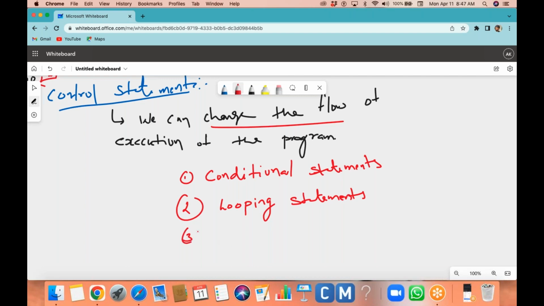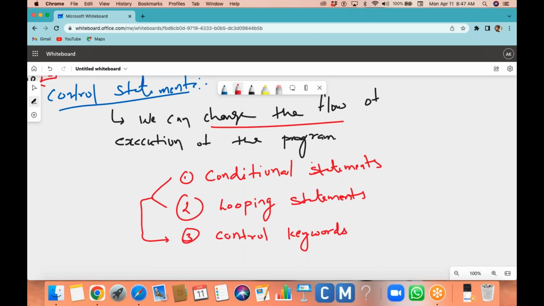What about the third one? We can change the flow of execution of these conditional statements and looping statements with the help of control keywords. We have some control keywords, and with their help we can change the flow of execution of the conditional and looping statements as well.